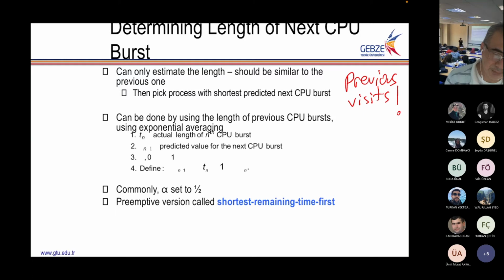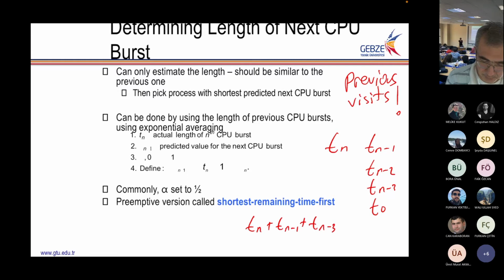So the scientists achieved an algorithm using Tn, Tn minus 1, Tn minus 2, Tn minus 3, and T0. You can always take the previous first, but you don't want to calculate Tn plus Tn minus 1 plus Tn minus 2 plus Tn minus 3 over n.